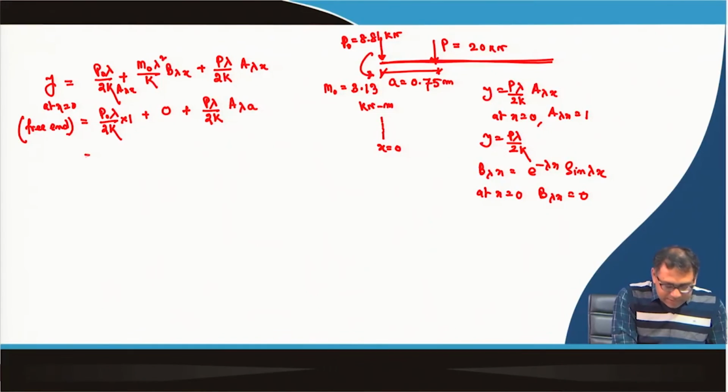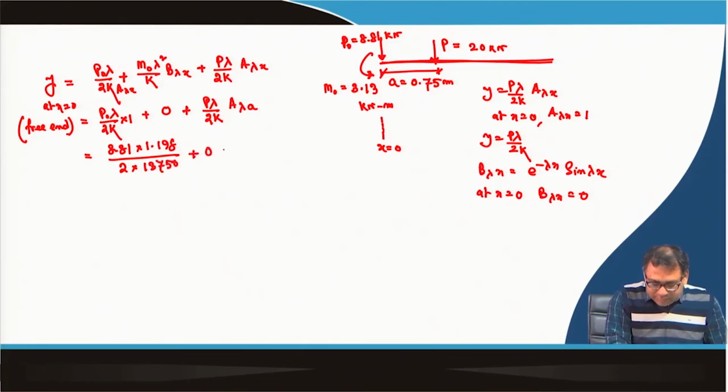So, I can write that P0 is 8.81, lambda is 1.198, divided by 2 into 13750, plus 0, plus P equal to 20 kilonewton into lambda 1.198 divided by 2 into 13750.